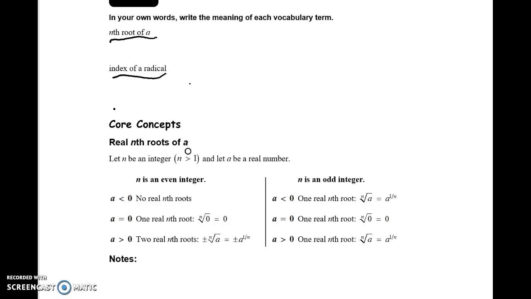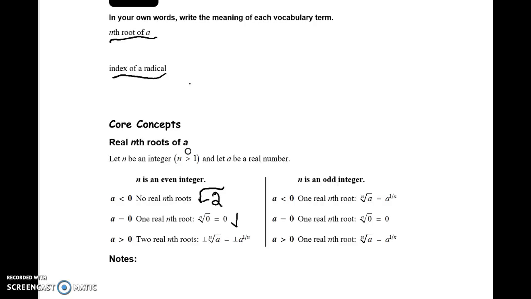If n is an even integer, I'm going to give you some examples so you can see what these words mean. The first one, if we look at the square root of -2, n is even and -2 is less than 0. There are no solutions to this because it's imaginary.